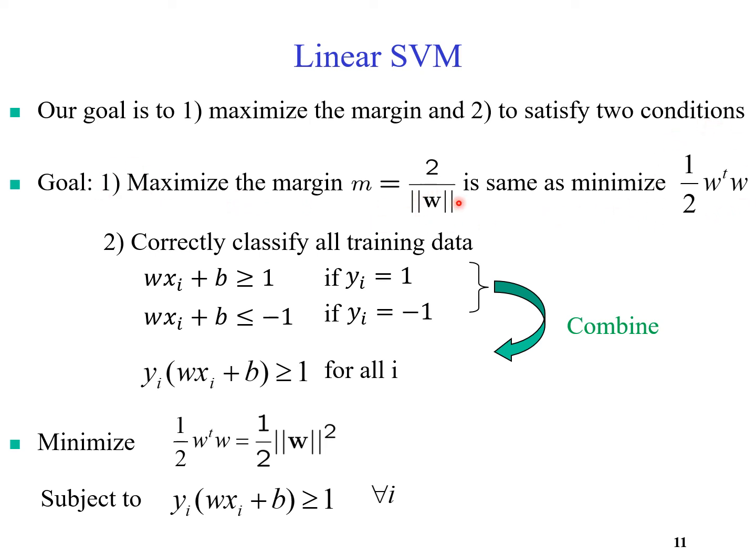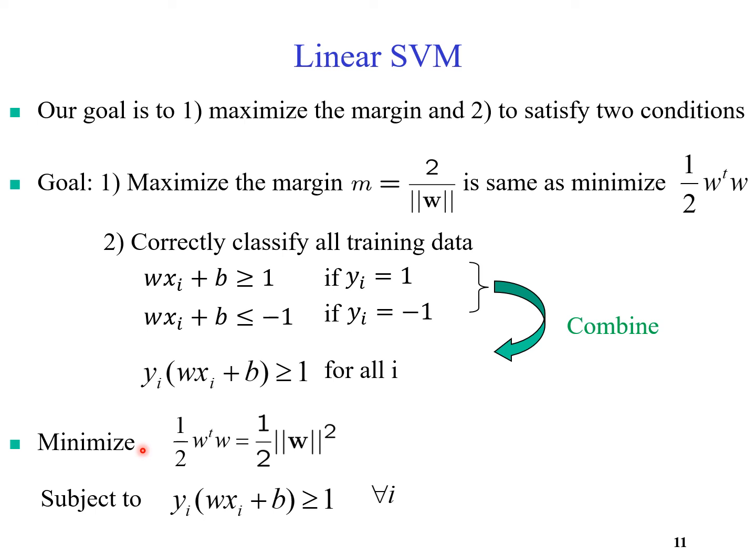The second goal: every class 1 should be above this line, and every class -1 should be below this line. And I said in the previous slide, these two conditions can be combined into one inequality like this. So SVM should minimize this one, and also should satisfy these conditions.